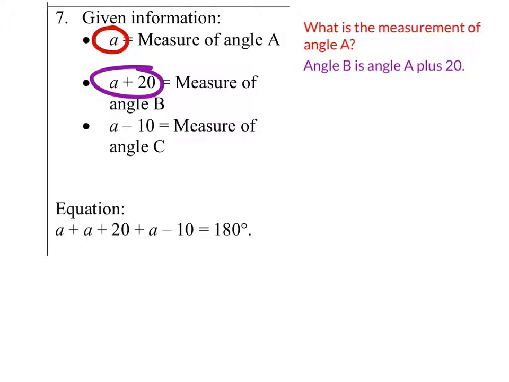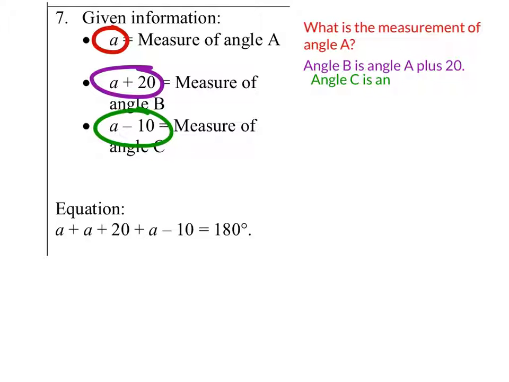What about the measure of angle C, which is shown right here? Let's go and write this one in. What do you guys got for that one? Angle C, angle A plus 20. That works.